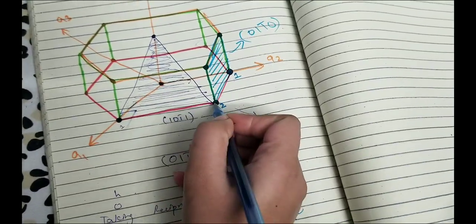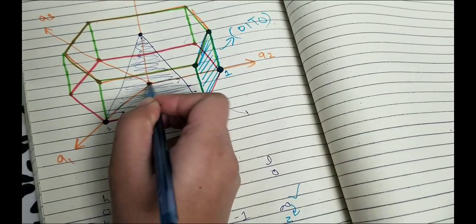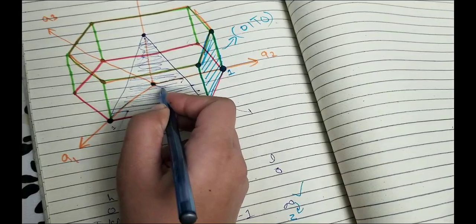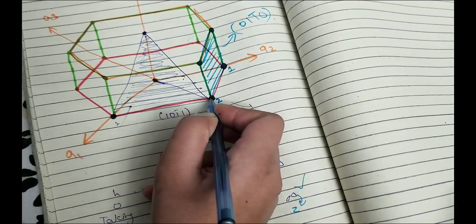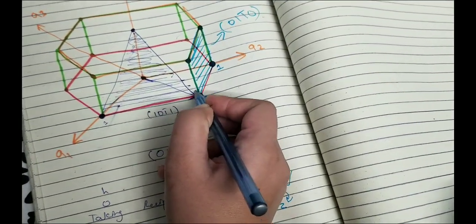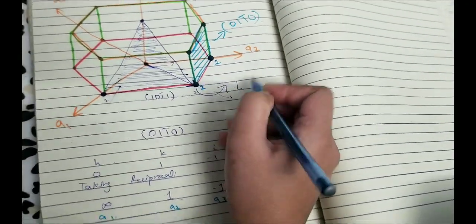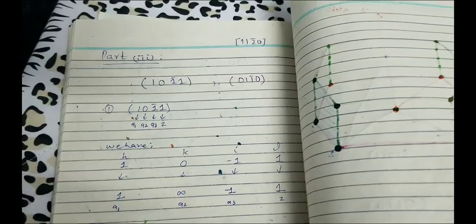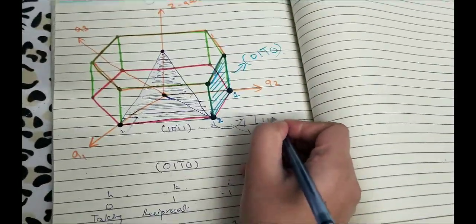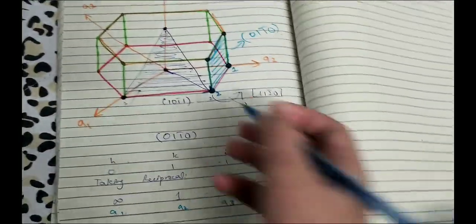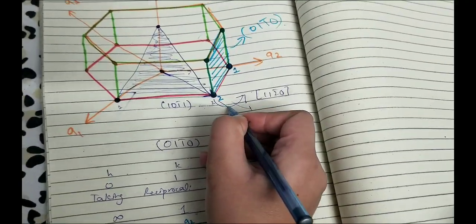If you join this point with the origin, a vector with tail at origin and head at this point of intersection corresponds to the direction which was given to be identified, 1 1 2 bar 0. It is that direction.